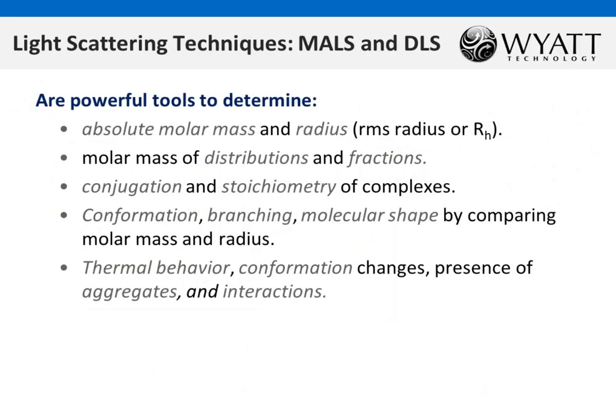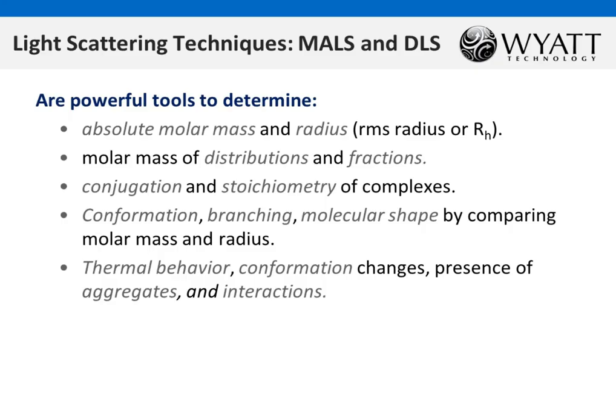At this point, I'd like to conclude with a brief summary of the light scattering techniques and applications presented in this webinar. We have seen that MALS and DLS are powerful tools that can be used in batch or with a separation technique. We can determine absolute molar mass and radius without using any molecular calibration standards and quantify the molar mass of distributions or fractions.